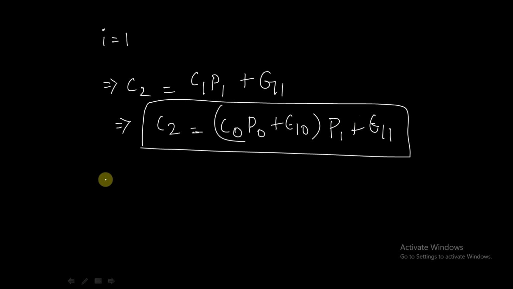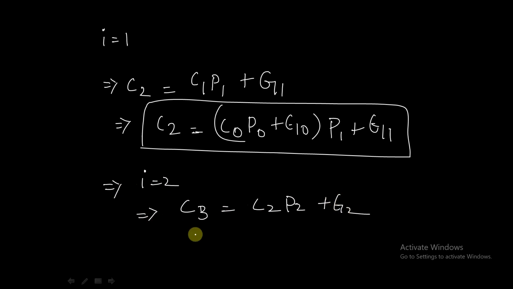Similarly, when i is equal to 2, we can write C3, which is nothing but C2 into P2 plus G2. We can substitute the value of C2 into it.